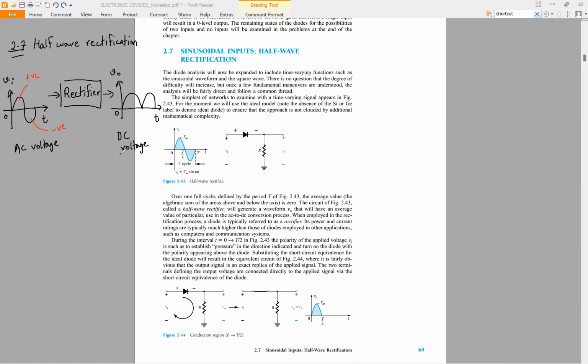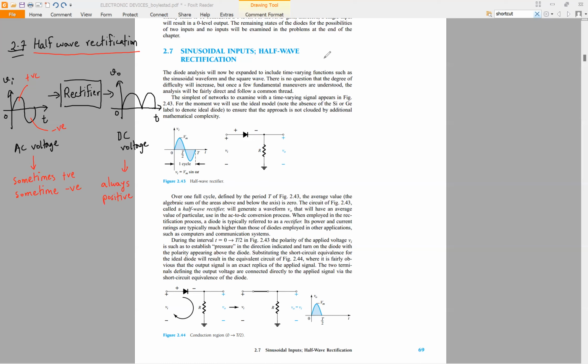DC voltage is always positive. And what about AC voltage? It's called AC because sometimes it's positive and sometimes it's negative. So what is the purpose of a rectifier circuit? The job of a rectifier circuit is to take AC input and give DC output.